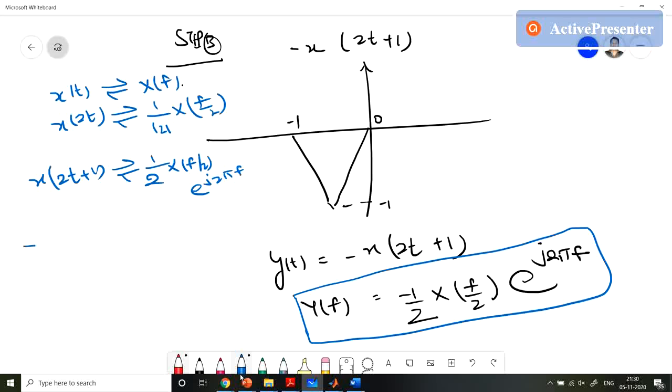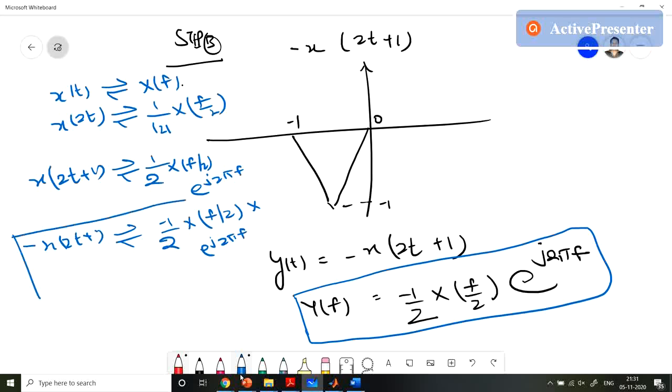And when we have x(-2t plus 1), only the sign change will appear. So Y(f) is equal to 1 by 2 X(f by 2) e raised to the power j 2 pi f. This is the Fourier transform.